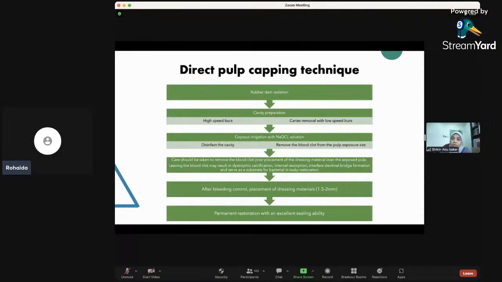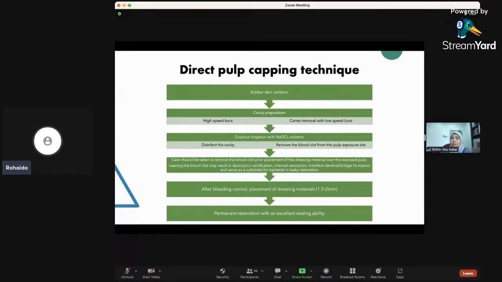All right, so whenever you are confident that the tooth is reversible, and the diagnosis is reversible pulpitis, what you can offer the patient is a direct capping technique.